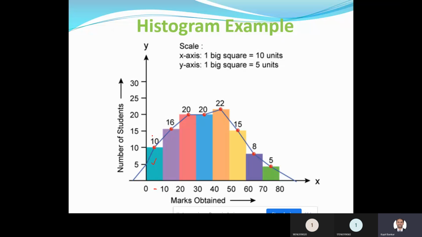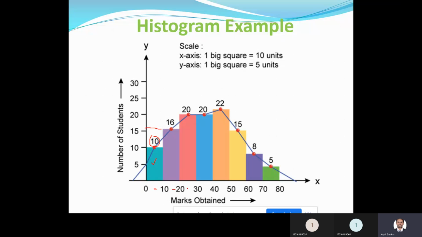So 10 students are there. Then another range is 10 to 20. From your class, how many students get marks between 10 and 20? You have to collect it. Suppose 16 students are there, so place this bar at 16. So here the frequency is 16, meaning 16 students got marks between 10 and 20.